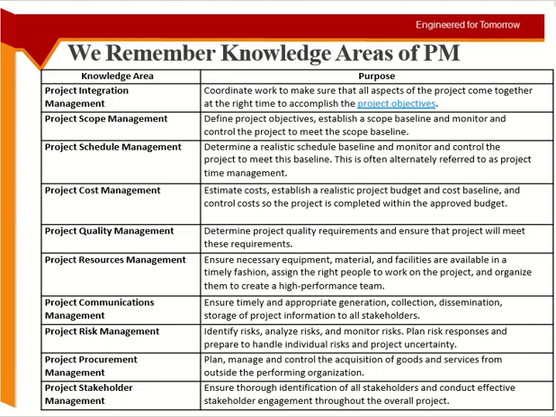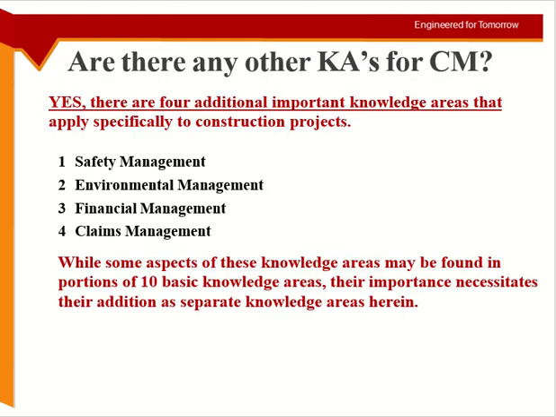And project cost management is also linked with financial management. So some of them can be interlinked, but they have more focus in the construction management business. Any questions, problems?